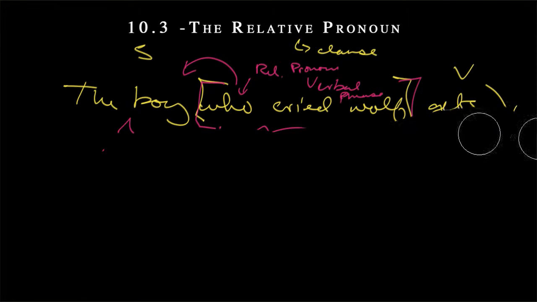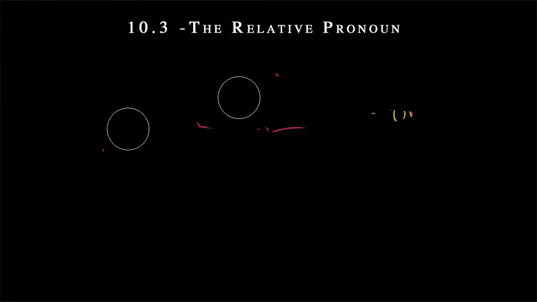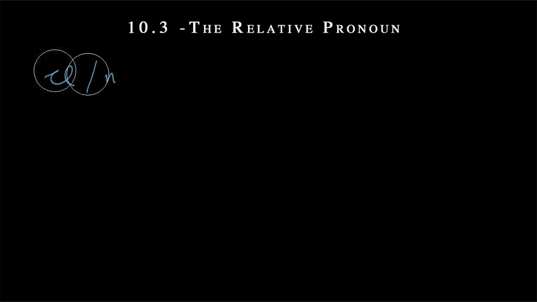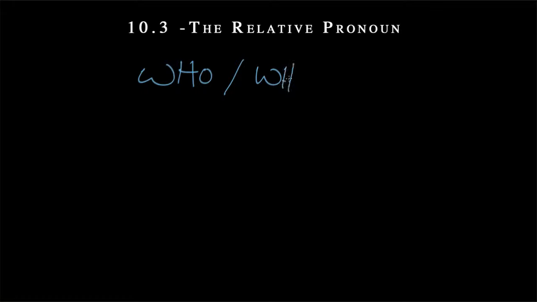So let's do something else and we'll actually get to see a case usage in English. A language where you might have said, well, we don't have cases in English, and you'd say, well, that's mostly true, but we do make a distinction between I and me. This is the subject, this is the object. We also, and this has probably frustrated you in the past, make a distinction between who and whom.